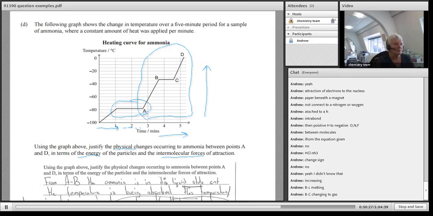So what's really happening between A and B? You are adding energy, and where is that energy going? Is it going towards breaking bonds, or is it going towards the kinetic energy of the particles?